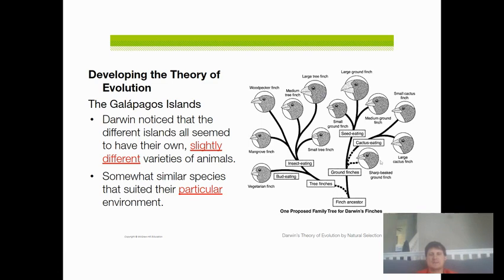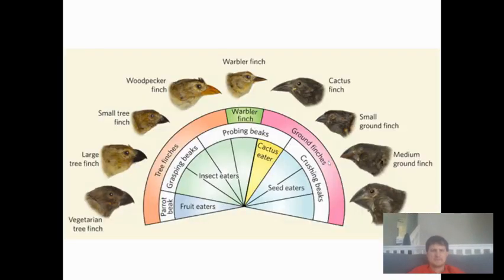In this case, he focused on the finch. Every single one of these finches has been adapted to survive in its population. They have the particular beak structure in order for them to survive. And these species all became different species over time. And that is just evolution by natural selection. These organisms were better suited to survive where they were.